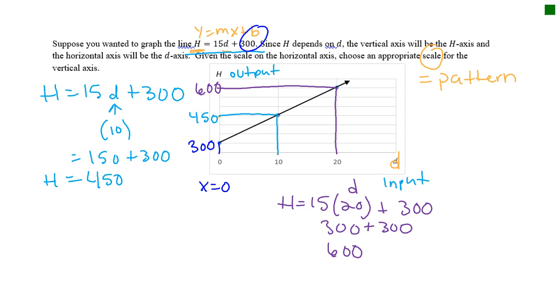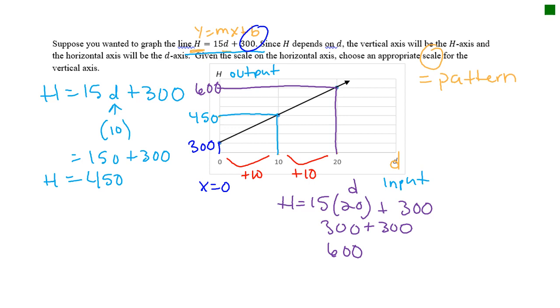Now that I have values on the h-axis, I can figure out my scale, which is my pattern. What is a pattern? Let me explain it with the d-axis. From 0 to 10, I'm adding 10. From 10 to 20, I'm adding 10. This is my scale, that is my pattern.